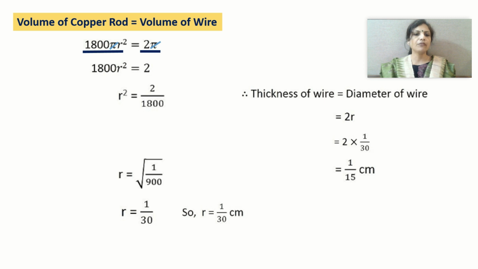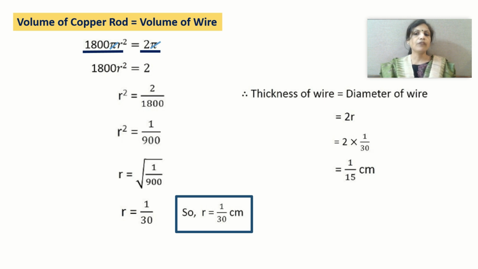So what we are left with is r square is equal to 1 upon 900. So r is equal to square root of 1 upon 900 and square root of 1 is 1 and square root of 900 is 30. So r is equal to 1 upon 30. So we got the radius of the wire as 1 upon 30 centimeter.